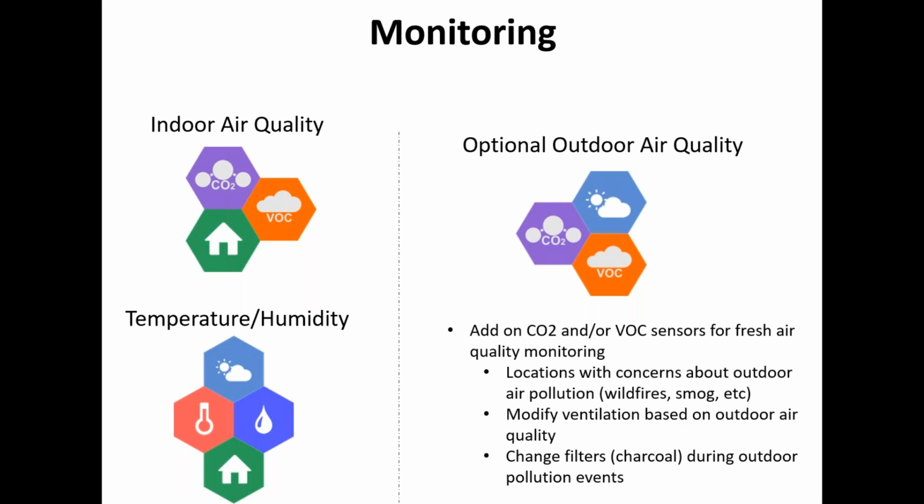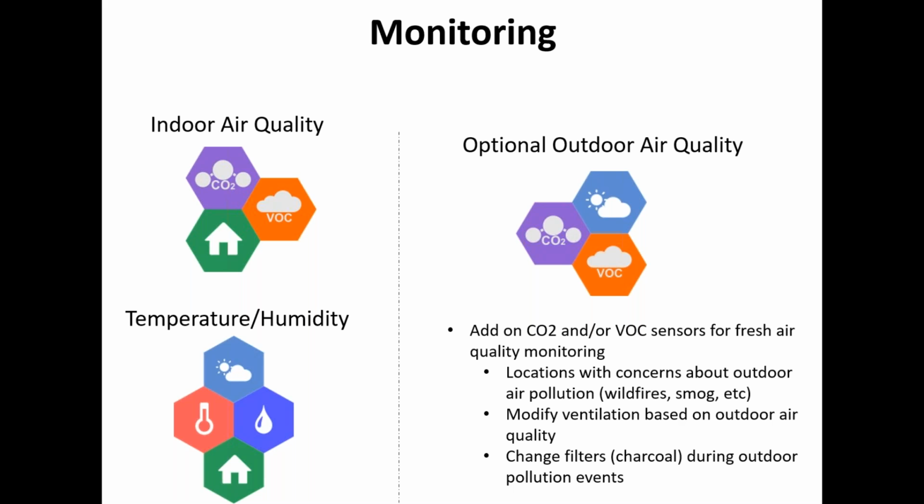We also have the capability to add sensors to the fresh air stream as well. This is something we're still looking at. A lot of our users are in locations where wildfires are a concern, so being able to detect when outdoor air quality is not optimal to bring inside is important.